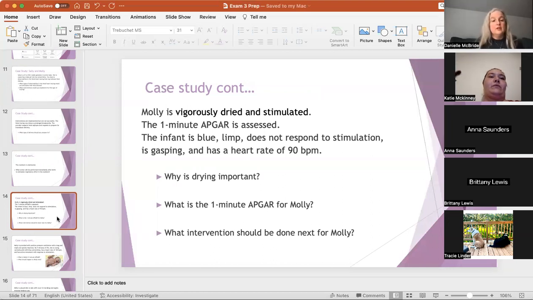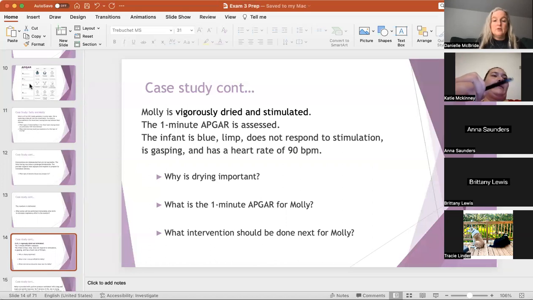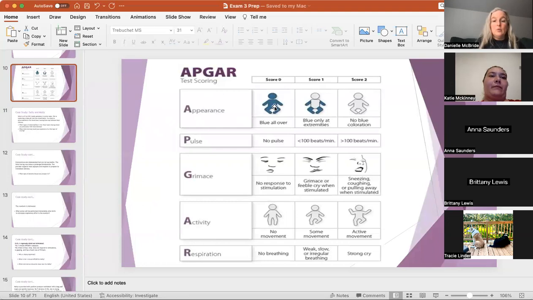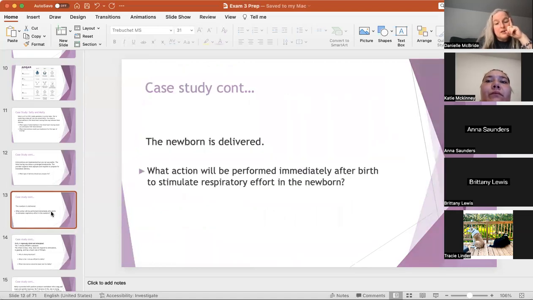So let's go to our little tool for a second. So we're blue, limp, not responding to stimulation, gasping, and a heart rate of 90. So how many points for appearance? 0. Okay, how many points for pulse? 1. Okay. How many points for grimace?